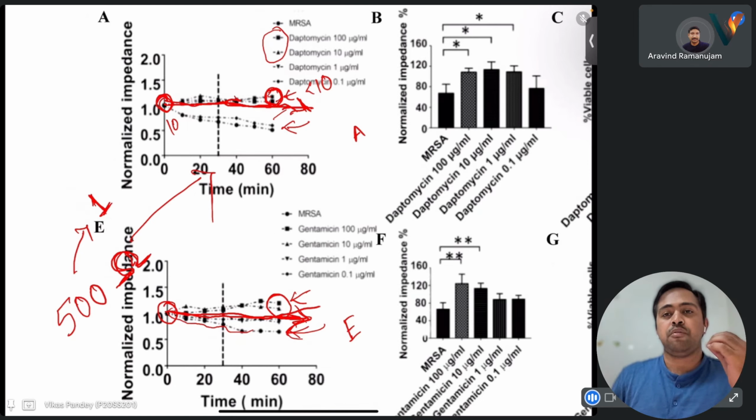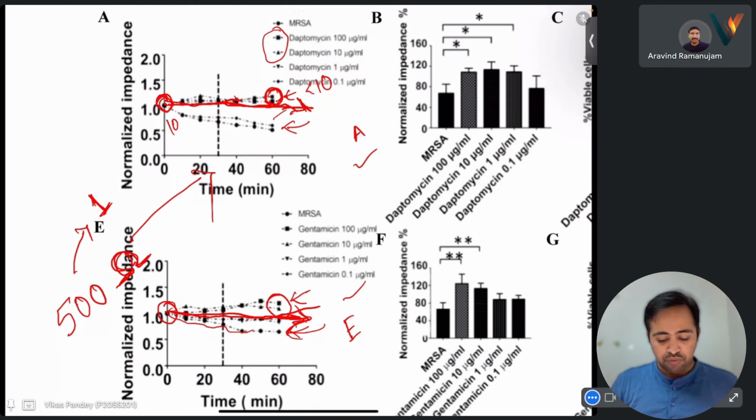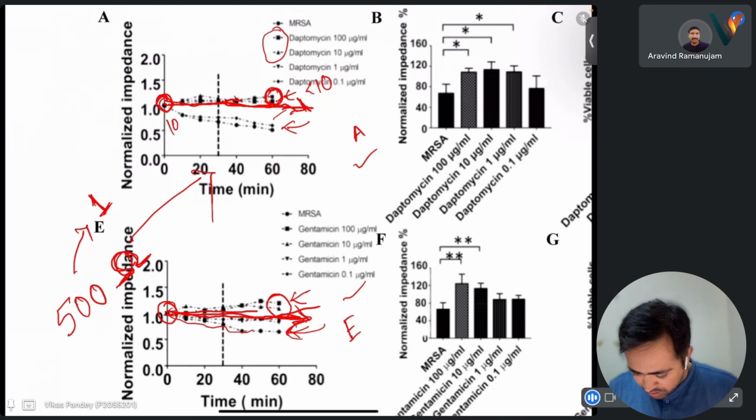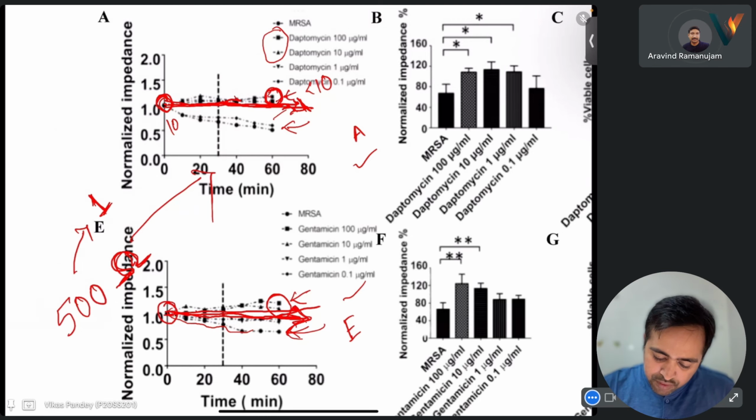Actually, it is not an issue that it is not visible. I am directly comparing both the graphs, this one and this one. If I draw it properly, the line here and the line here, the difference from this line to this, are you getting this?